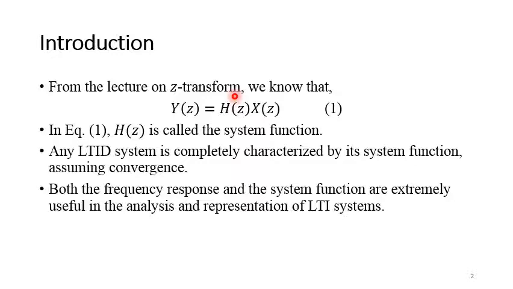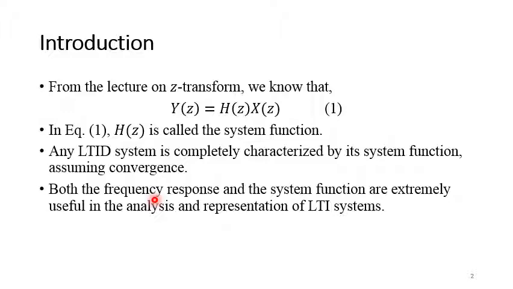So similarly, we can say that a linear time invariant discrete time system is completely characterized by its system function, that is H of z, knowing the region of convergence. When we do the Z transform, whether for signals or for the response of the system, there are two things.